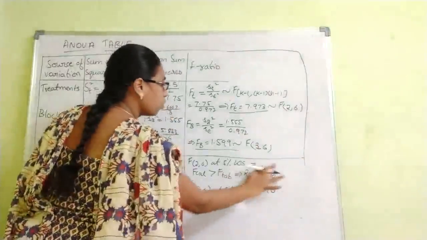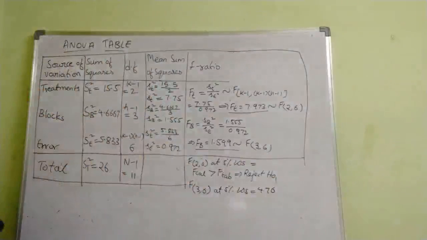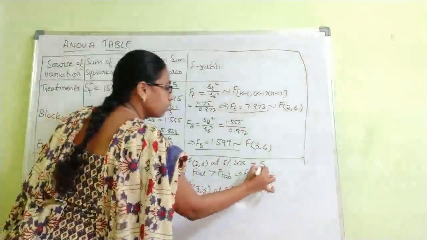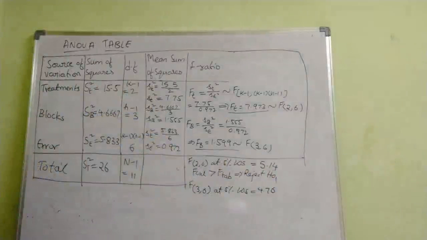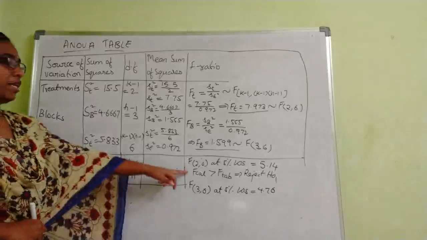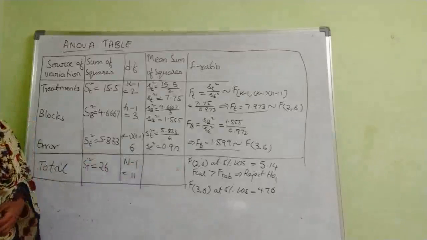Sorry, for 2,6 the table value is 5.14. Anyhow, 4.76 or 5.14, both are less than the calculated value. So for the treatments, the null hypothesis is rejected.